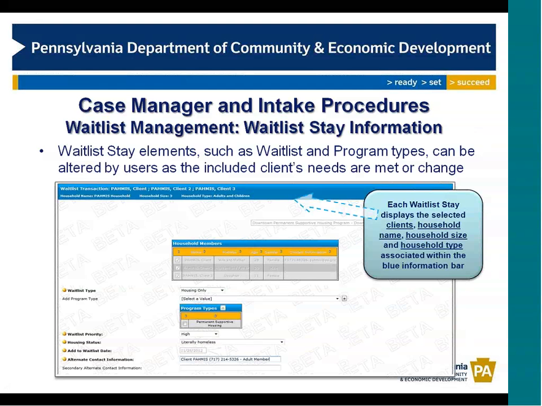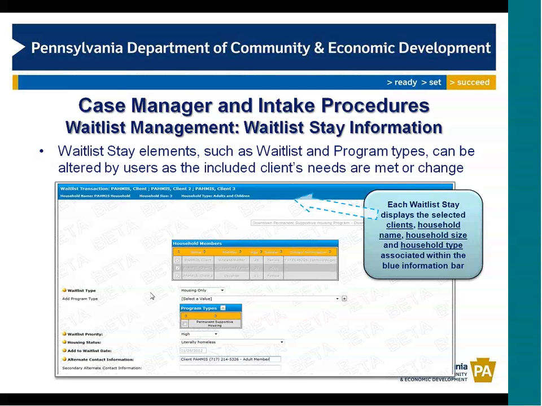As you can see here, all the information except for the add to waitlist date is open and editable. We did that because, as I said before, waitlist stays could have multiple service needs in them. As certain service needs are met or change, you can go in here instead of removing the transaction and recreating a whole new one.